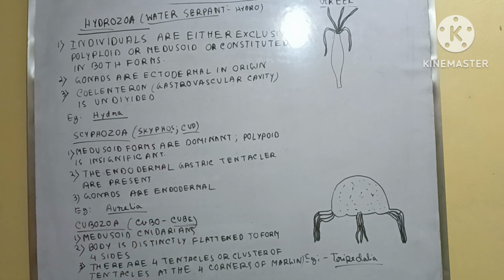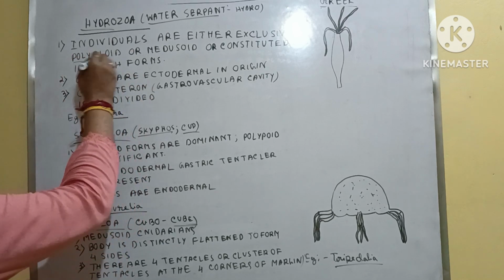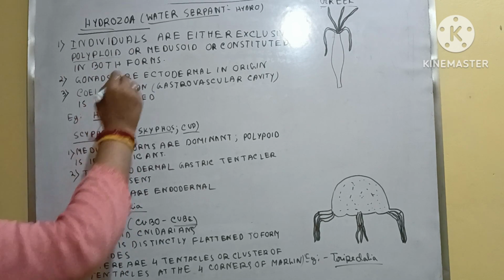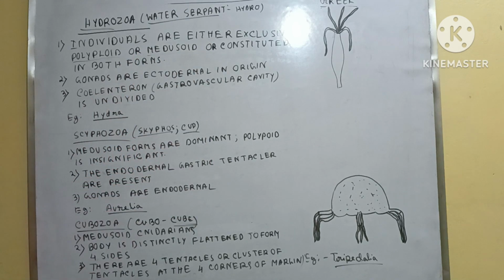First of all, we have to know the characteristic features of Hydrozoa. Generally we can see Hydrozoa in the polypoid form, the medusoid form, or in both forms.